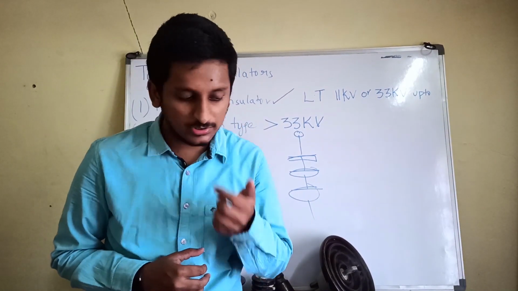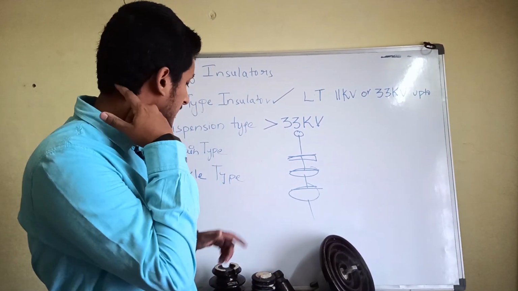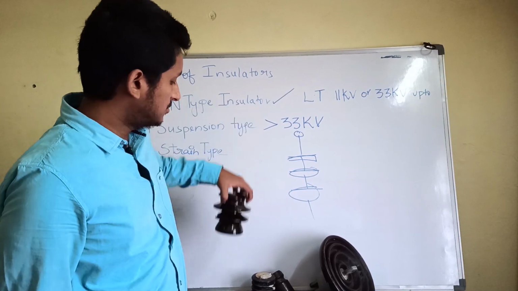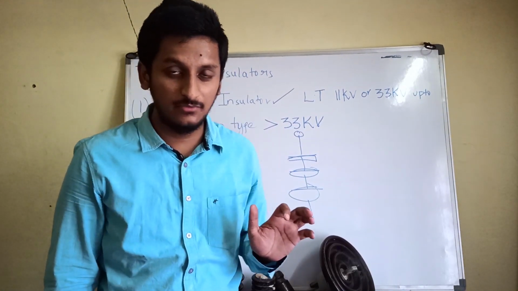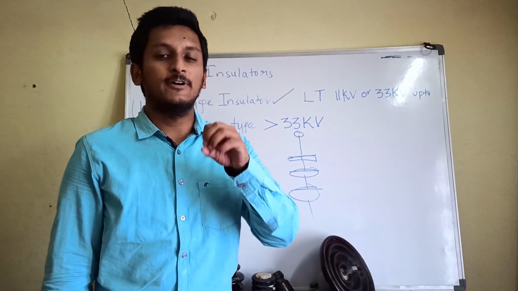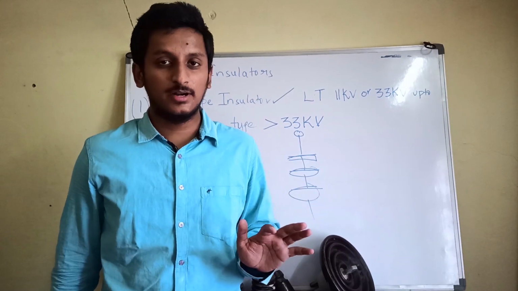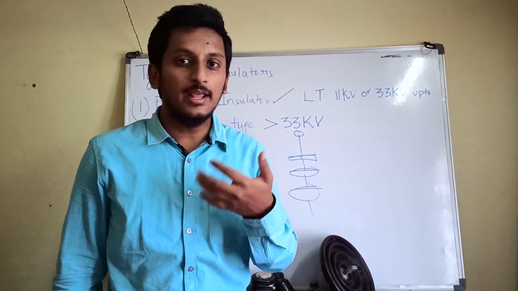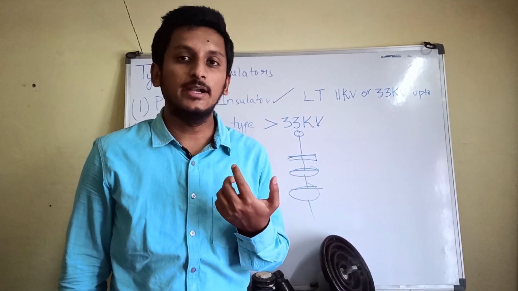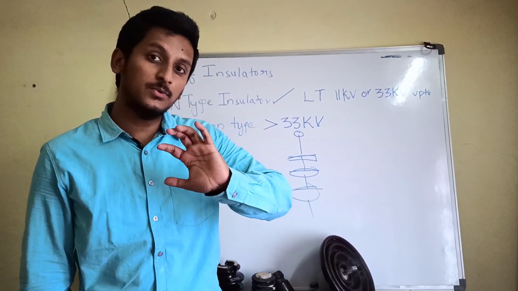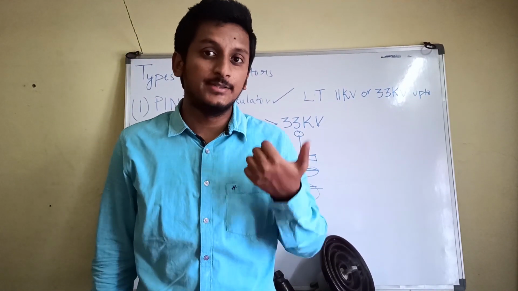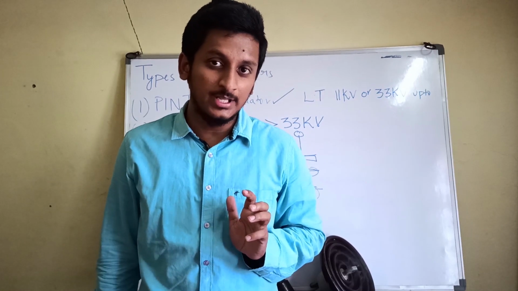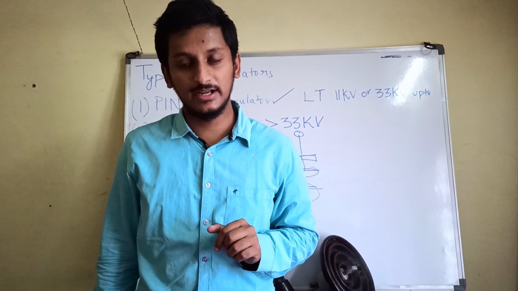Now suppose, assume that for 33 kV, or beyond 33 kV, we are going to take a big insulator. Suppose there is a flashover on the insulator, that insulator is definitely going to get damaged. Now in order to replace this insulator, the cost is definitely going to increase. That will be a disadvantage for the system.